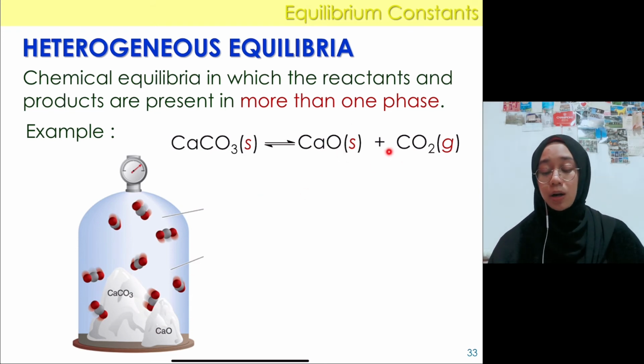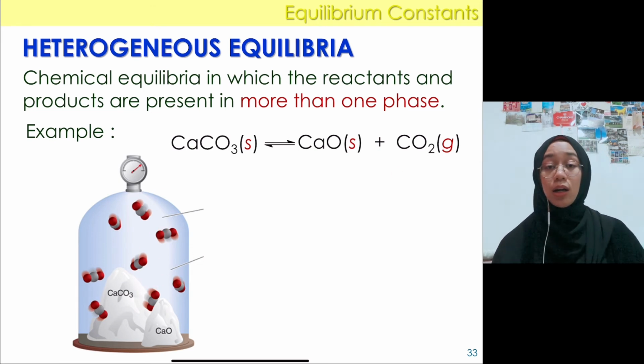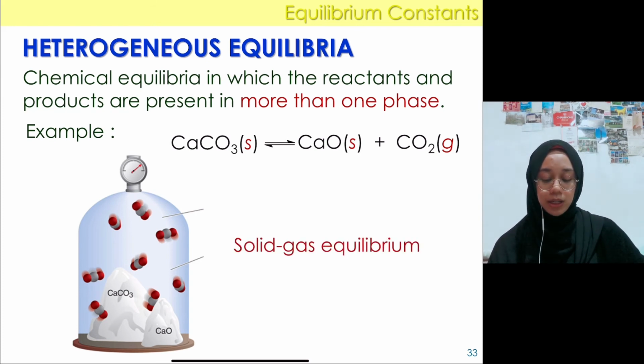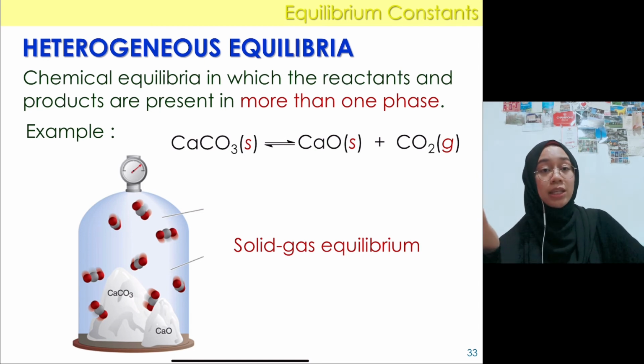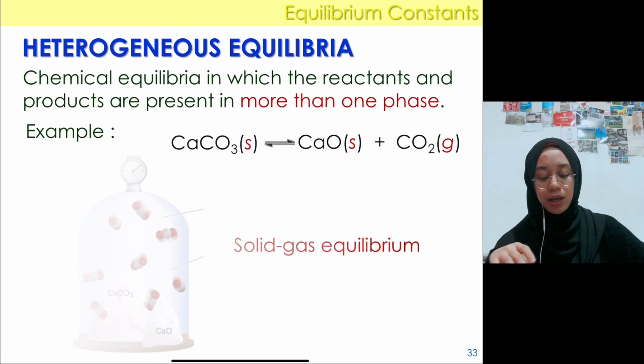And also dia akan produce carbon dioxide gas. So whereby all the gases particles yang kamu nampak kat sini, itu adalah carbon dioxide sebenarnya. Okay, so this is example untuk solid gas equilibrium pula lah. Okay, whereby bawah tu adalah solid, atas tu adalah gas. Okay, at some point you won't see any changes anymore because they have reached equilibrium.